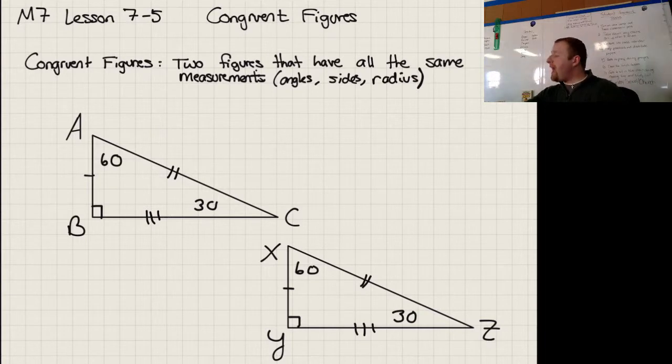No. All of the angles and sides would still be the same, even though the image is just turned a little bit. So if I took a picture of my face and I copied it on the copy machine and I put one upright and one upside down, they would still be two congruent figures because they'd have all of the exact same dimensions, even if one is turned a little bit.